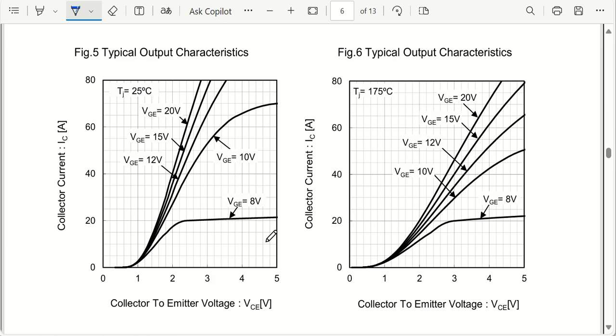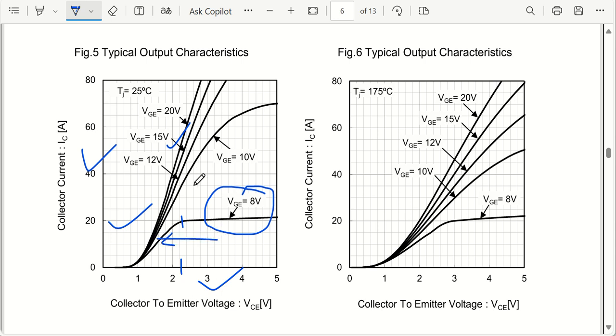Coming back to other parameters, let us say what the collector current is and what the collector to emitter voltage applied is, that is your saturation voltage. So as you can see, when you apply a gate to emitter voltage of 8 volts, it becomes around 2.5 volts at 20 amperes of current. Okay, and as your gate to emitter voltage starts increasing, your collector to emitter voltage drop will start reducing.